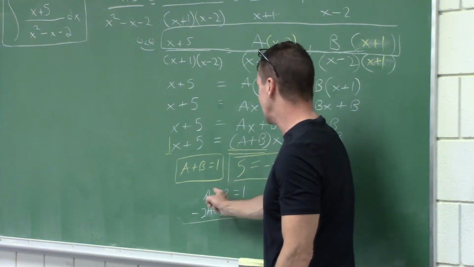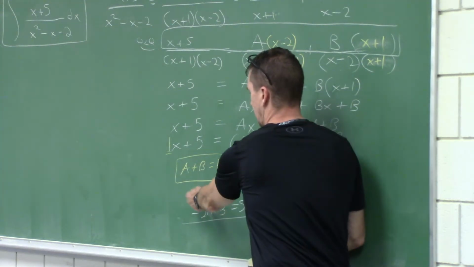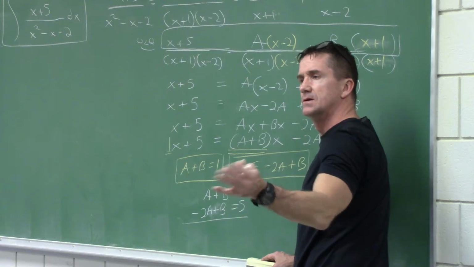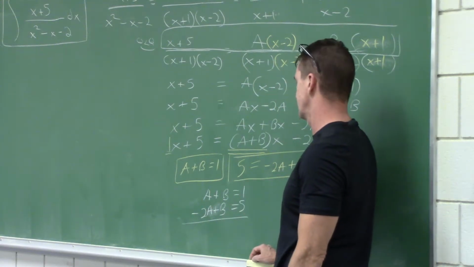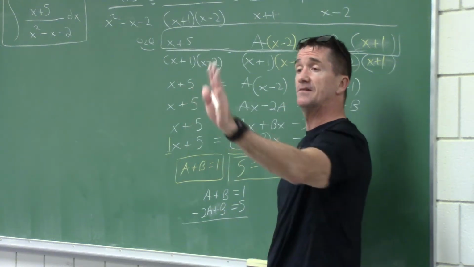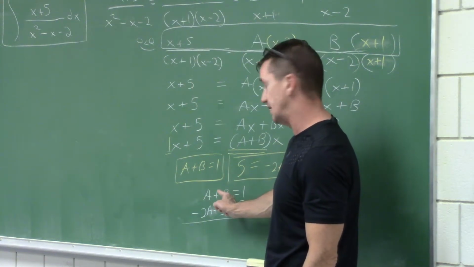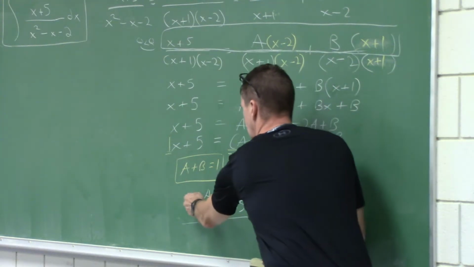I'm going to multiply the top by, what'd you suggest? By 2. He says if you multiply the top by 2, then 2a plus negative 2a becomes 0. It goes away. But you do have to multiply the 2 everywhere across the top. You also could have multiplied by negative 1, because it would have made the b a negative b, and then negative b plus b is 0. But I'm going to use Nicholas's idea.